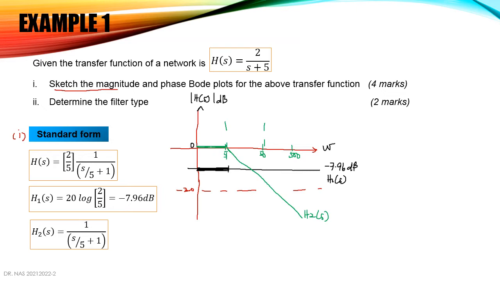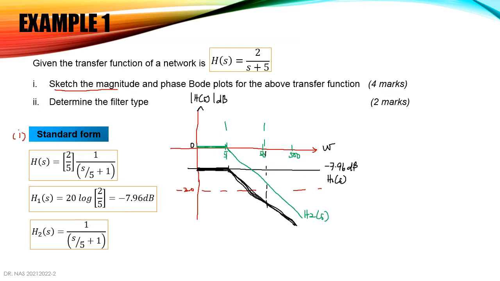So you can see that at this position at 50, so 7.96 minus about 20, so it's 27 or something. So you can see that the line basically drops down. Okay, so this is basically the frequency response of the given transfer function.